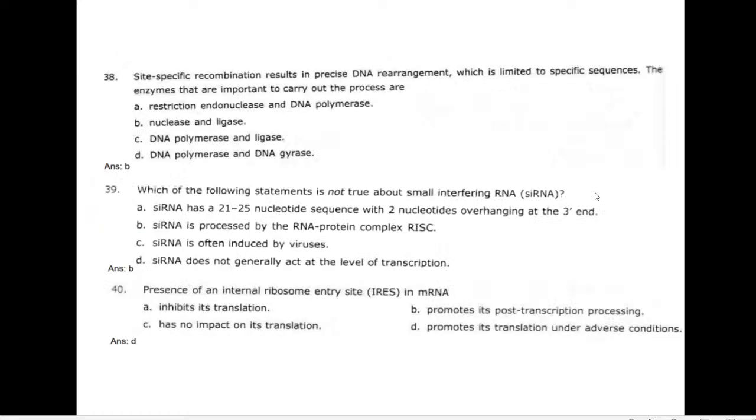The next question is about site specific recombination, which results in a precise DNA rearrangement that is limited to specific sequences. The enzymes that carry out the process are... Here they provided the statement and asked the question: which enzyme is important for this DNA rearrangement?